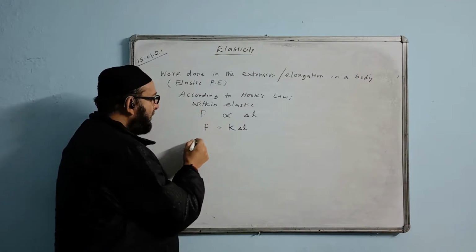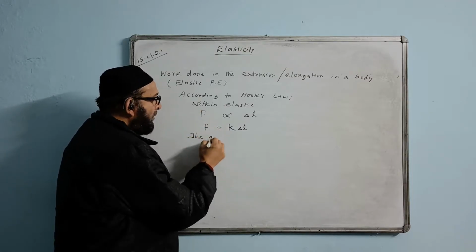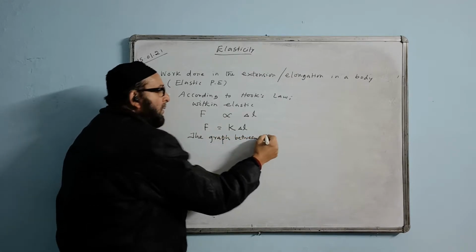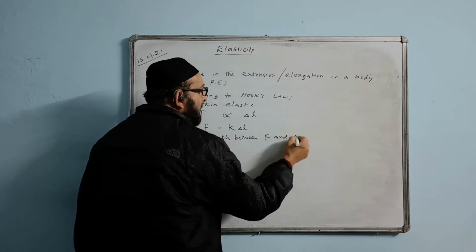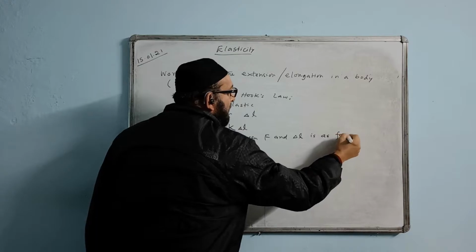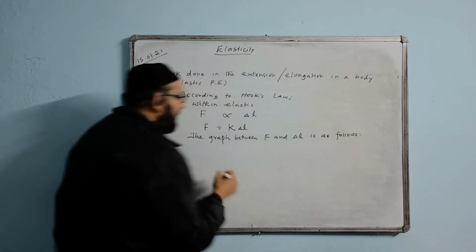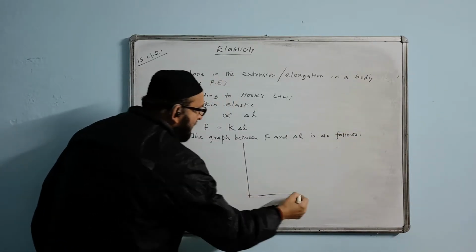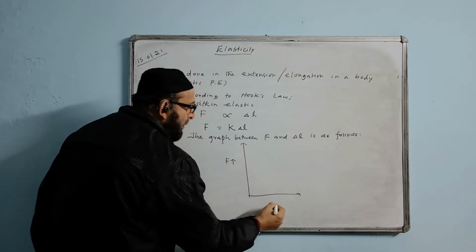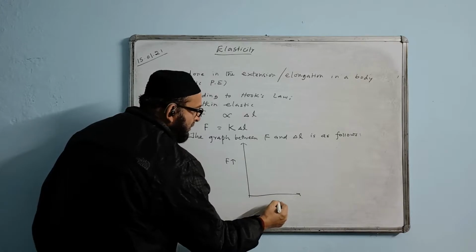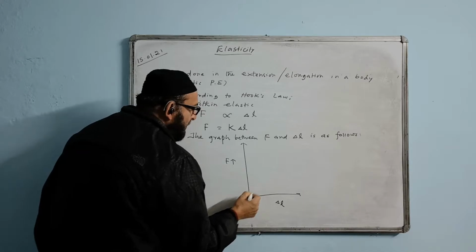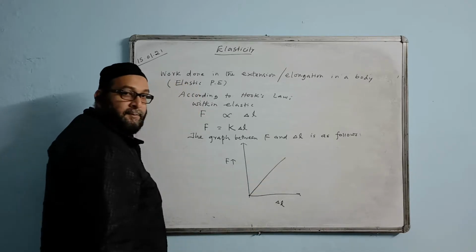Okay, the graph between F and delta L is as follows. We draw the graph between force and elongation. Force is here, elongation is here, and the graph will become a straight line like this.